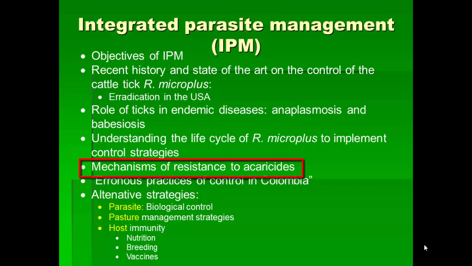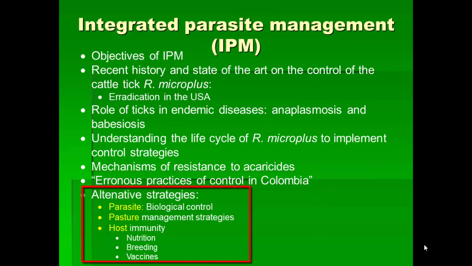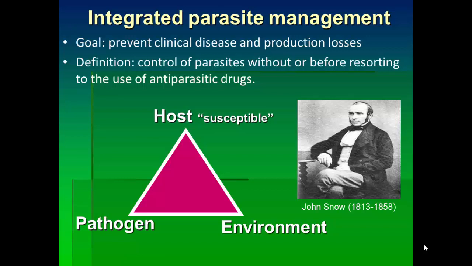And in fact, the control practices that farmers use have done just about everything possible to speed up that resistance. And finally, we will touch on the different alternatives that can be used to control ticks whenever the acaricides no longer work.